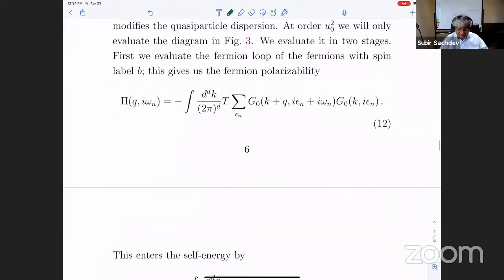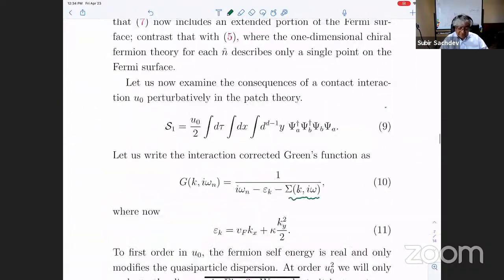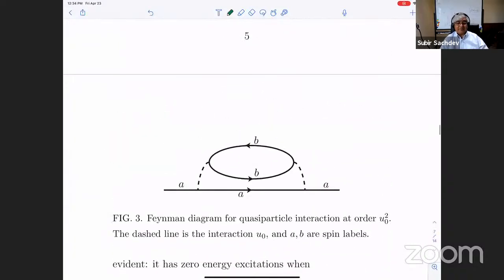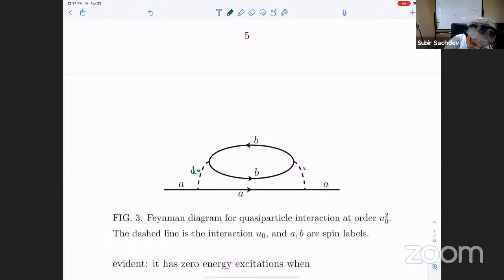Okay, so the graph that we're going to evaluate is this one, and basically this is the only one you can see for that model. This is the two-loop graph, with the interaction U naught. There's a U naught here, a U naught there, and these are electron Green's functions.